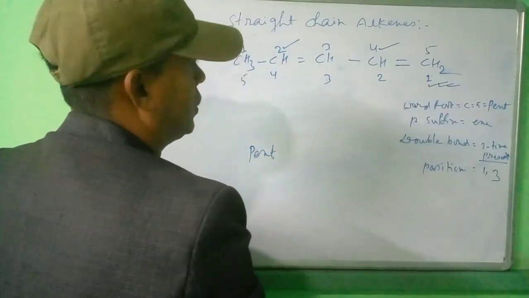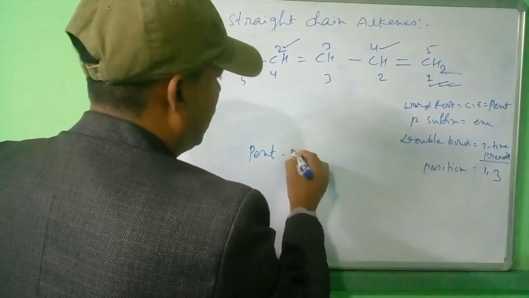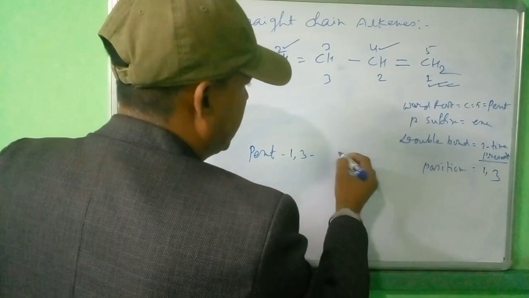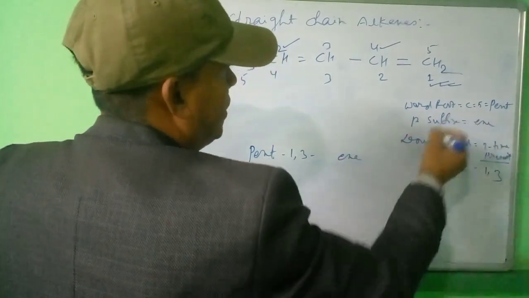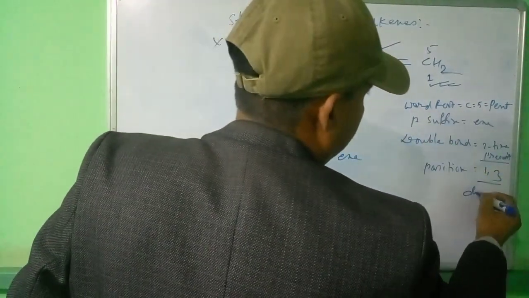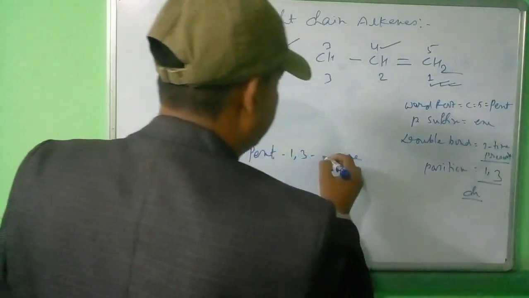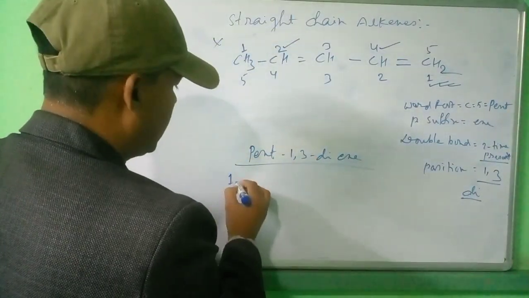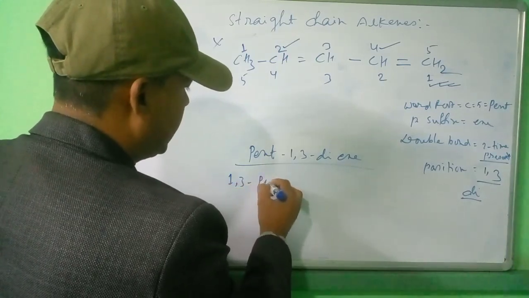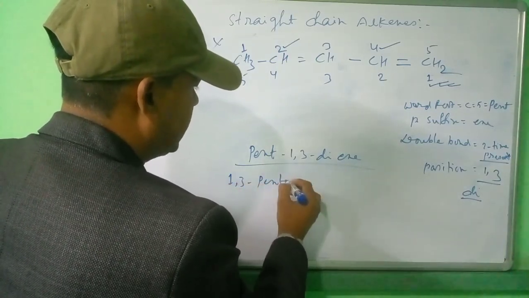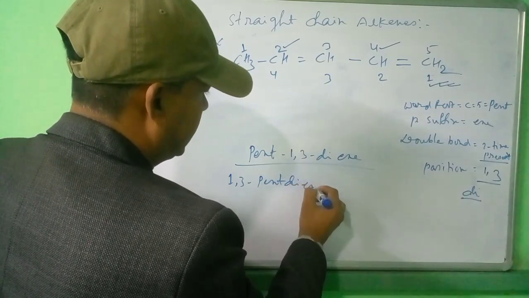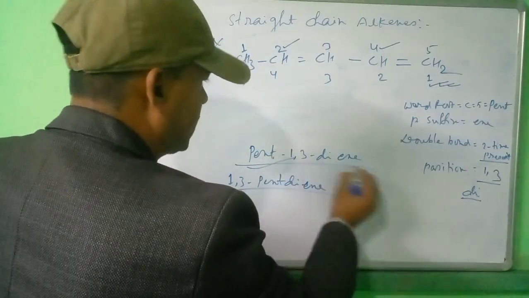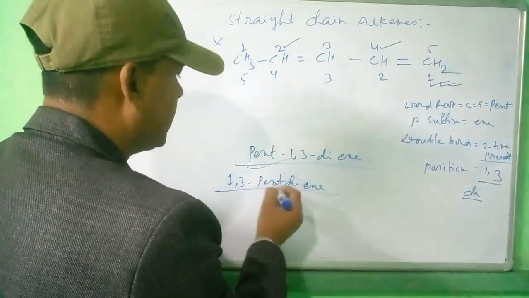Always write the word root, then dash, pent-1,3-dash. And how many times? Write down ene, and the term for 2 times present, so the di term can be written. So here, diene. This is the IUPAC name: 1,3-pentadiene, pent-1,3-diene. Okay, this way we can write.